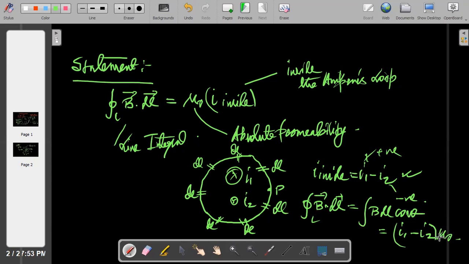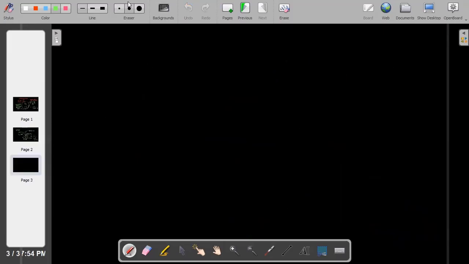So these are some trivial things. Some more points, please note down, all of you. Like the same thing we discussed in Gauss's law: Gauss's law is applicable everywhere, but it is not useful. So here also Ampere's circuital law is applicable everywhere.